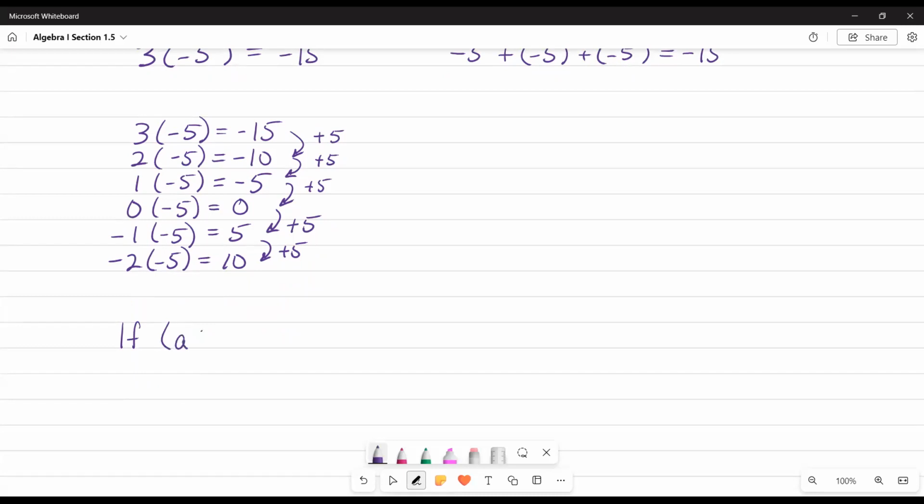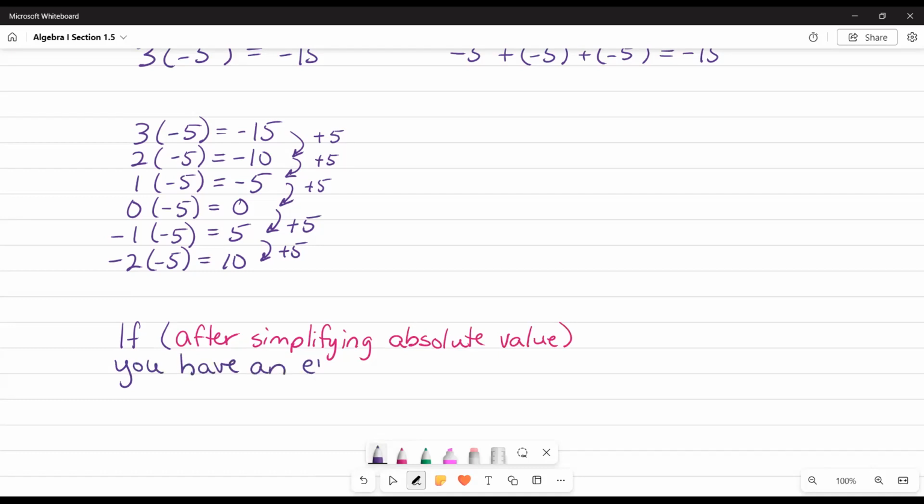If after simplifying absolute value, you have an even number of negative signs, your answer is always going to be positive.